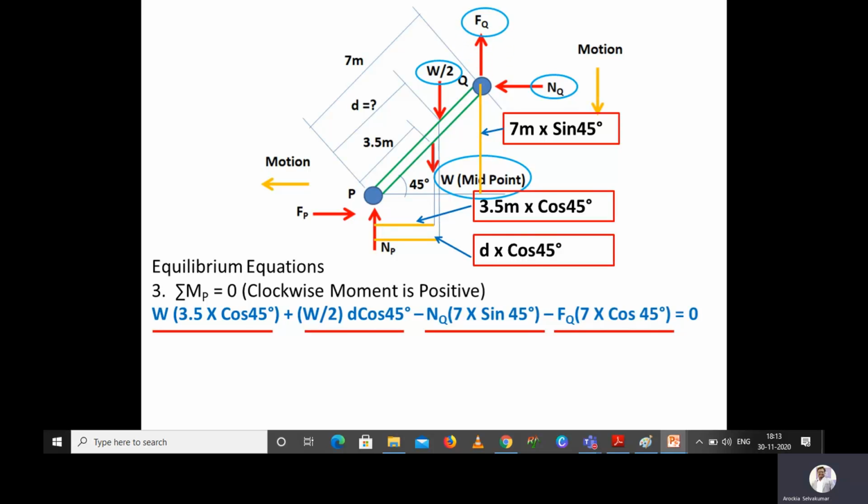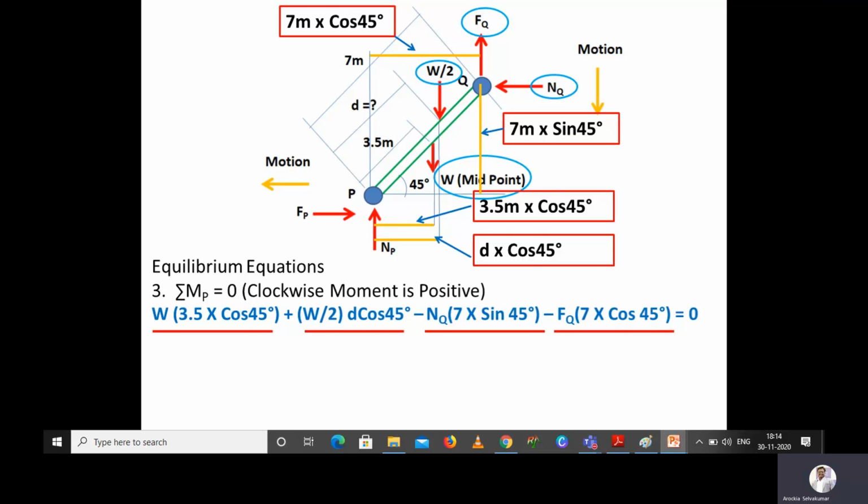Next, we have one more force, that is Fq. The force Fq will have a perpendicular distance with respect to point P, which will be calculated again with the 7 meter ladder length, as 7 meter into cos 45 degree. In this we have calculated the force multiplied with the perpendicular distance, but apart from that we have to know whether it is clockwise or counterclockwise.